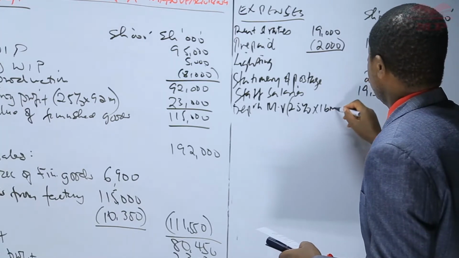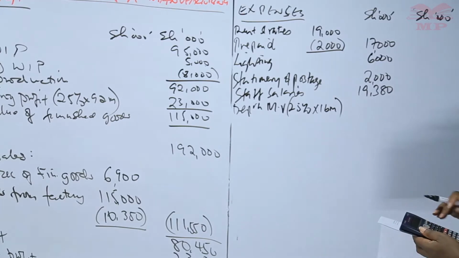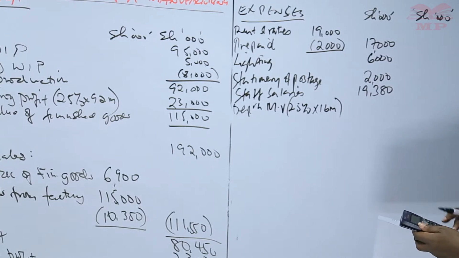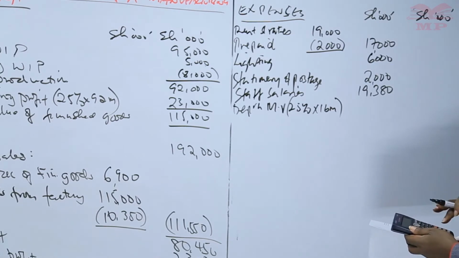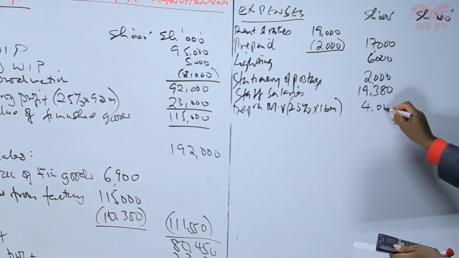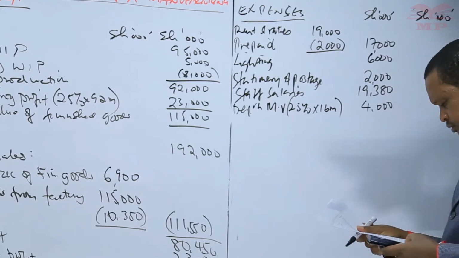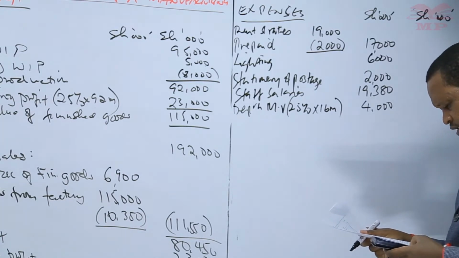That will give us the depreciation. 16 million times 25%, 4 million. 4 million depreciation.